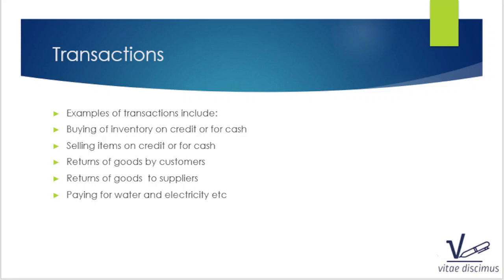Then also you can have returns by your customers as well as returns that you can also make to your suppliers. Then you also have operational activities such as paying for your water and electricity as well as your salaries and wages. So all these are examples of transactions, and this is not an exhaustive list. There's quite a lot of transaction examples that we can think of.